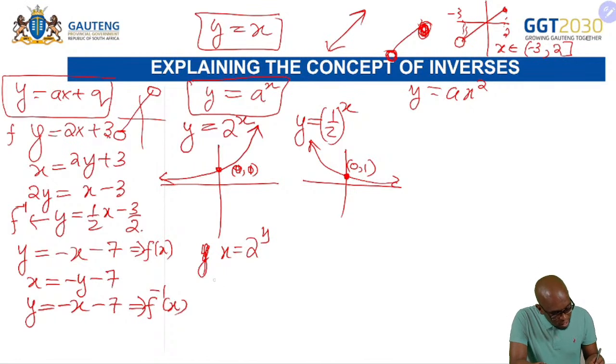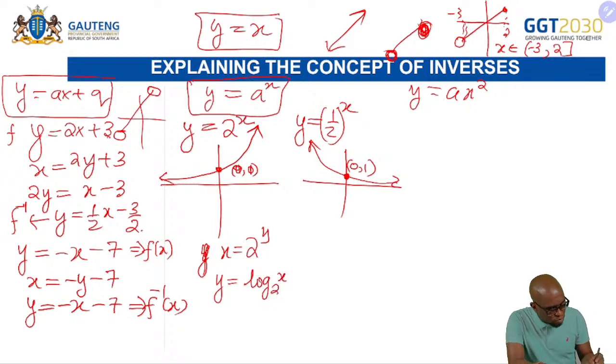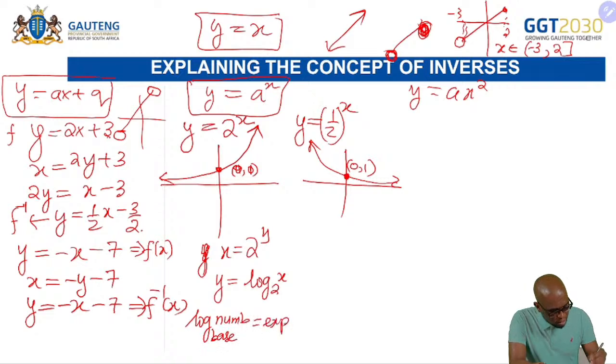So we can then say y would be equals to the log of x to the base of 2, because by definition the log of a number to its base is equals to an exponent. An exponent in this case is y, and then the base was 2, and then the number is x. So that's how we convert that.